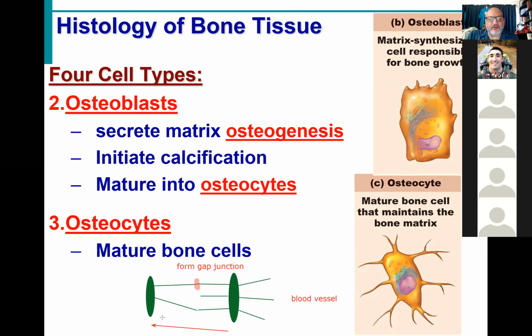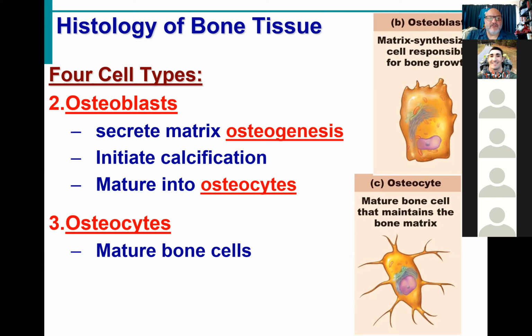And the cells that are further away can take their waste, their carbon dioxide, and spread it to this cell so that the cells can get rid of them. So these big, long processes that come off the osteocytes allow them to interconnect with each other, share resources, and move waste more easily to allow the cells to be able to survive locked inside that rigid crystalline matrix.